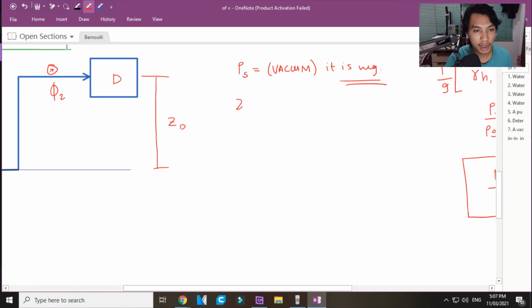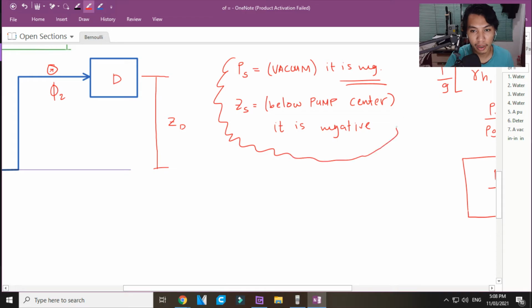And if your suction is below the pump center line, it is negative. Tandaan nyo ito. Mahalaga ito sa pag-solve. Yan. Sir, hindi ko makuha.